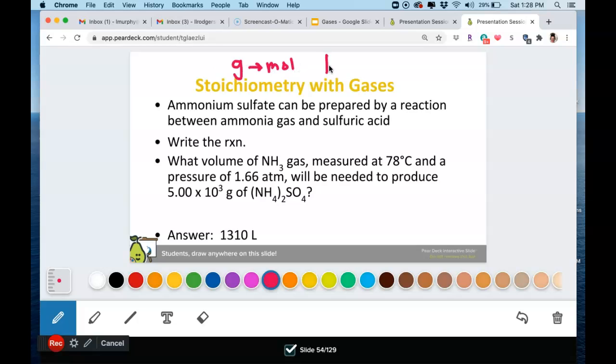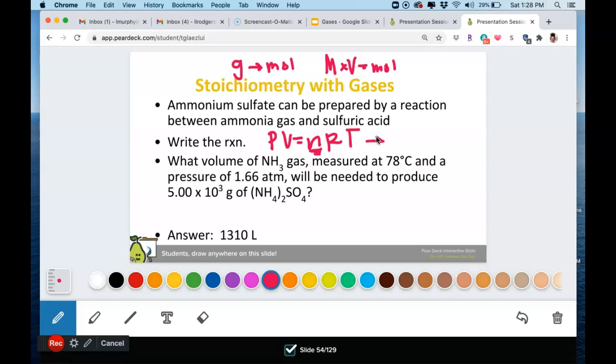Then last chapter, we learned that molarity times volume could get you moles. So we did stoichiometry with solutions, because remember, molarity and volume tend to be for solutions. Well, now this chapter, we have an equation that also can get us to moles. So this is going to be a new way to do stoichiometry. Once you're in moles, everything else is the same.